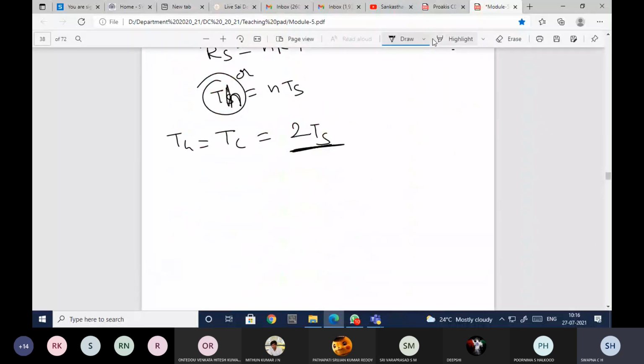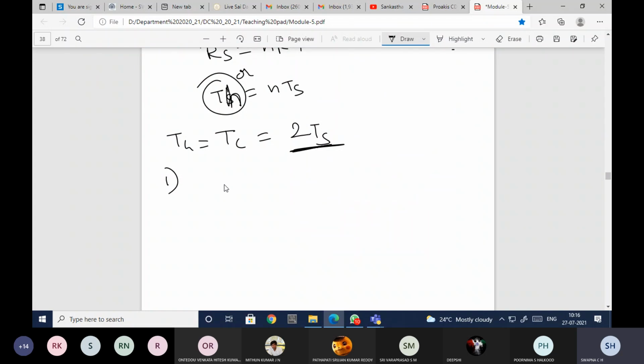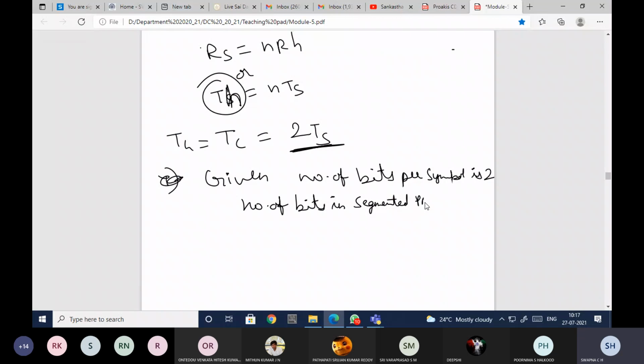First, let us go to the solution. Given: first, whatever he has given, let us write. The number of bits per symbol is 2. Next, the number of bits in the segmented PN sequence is 3.